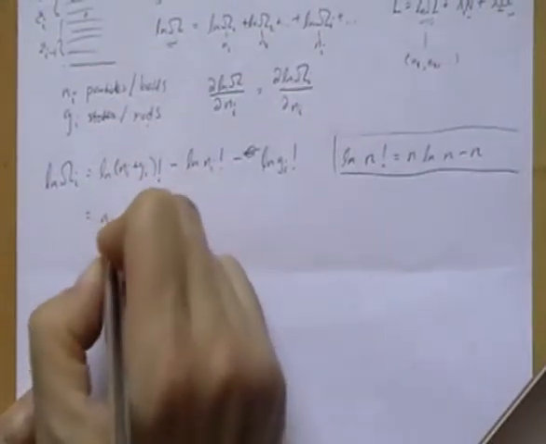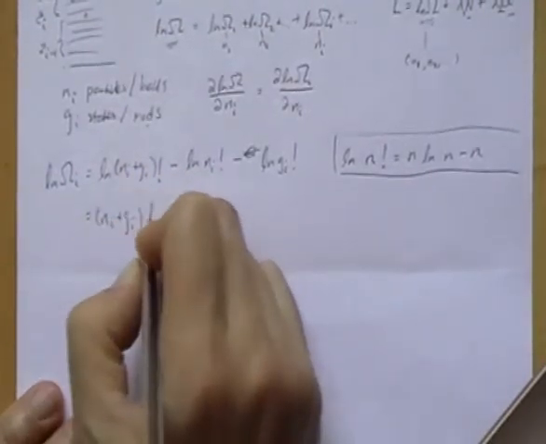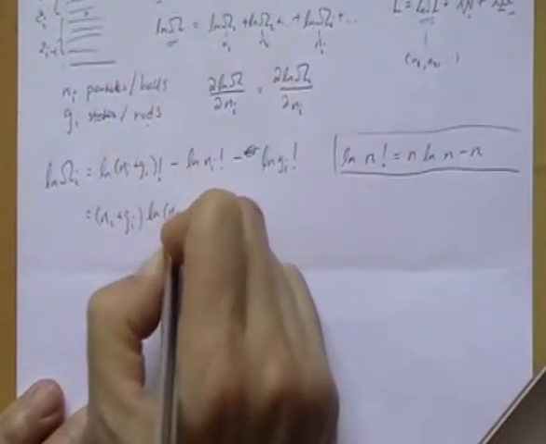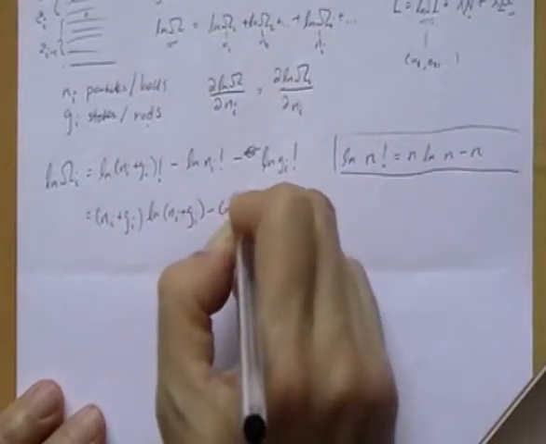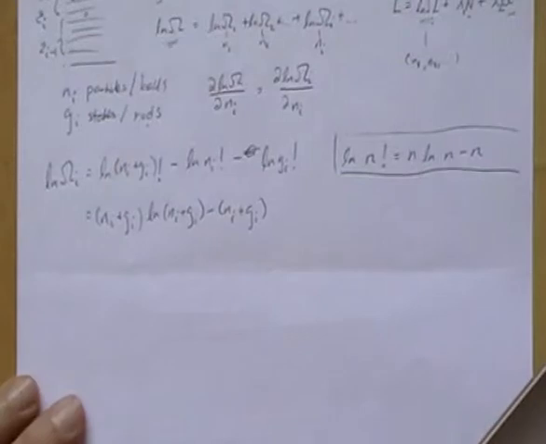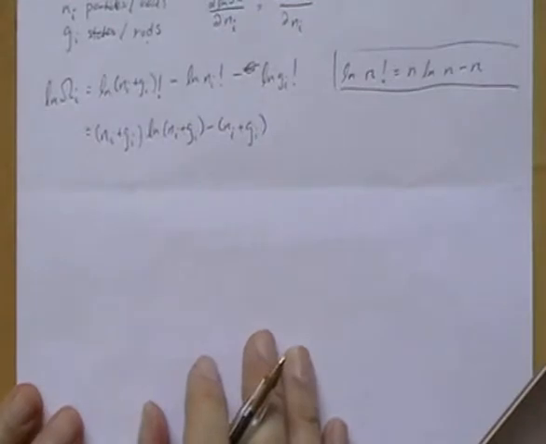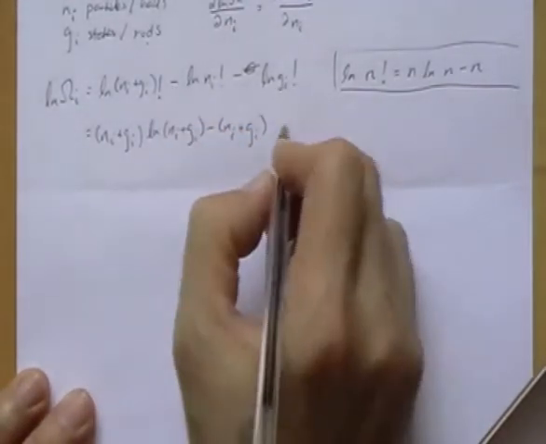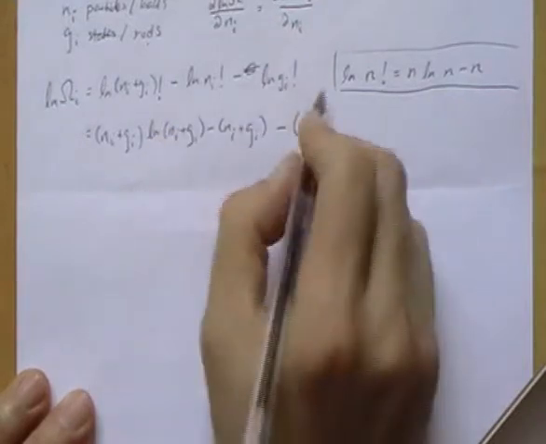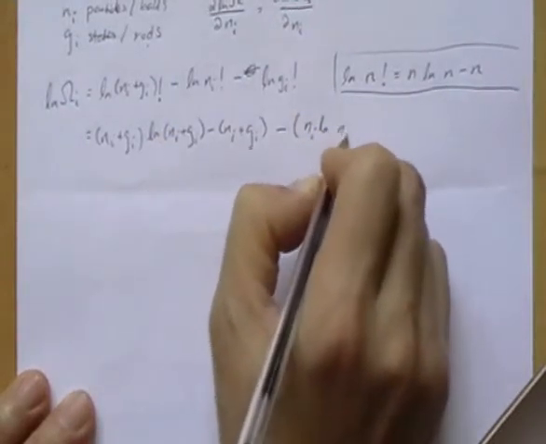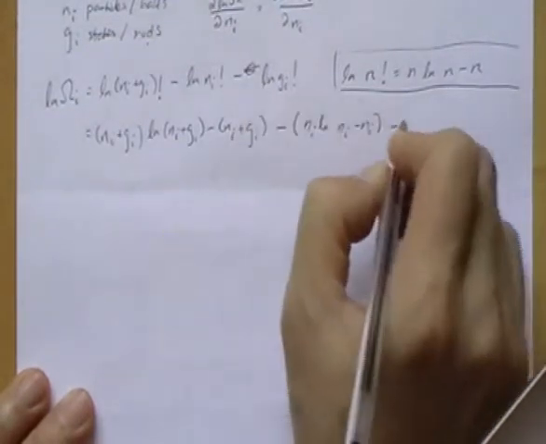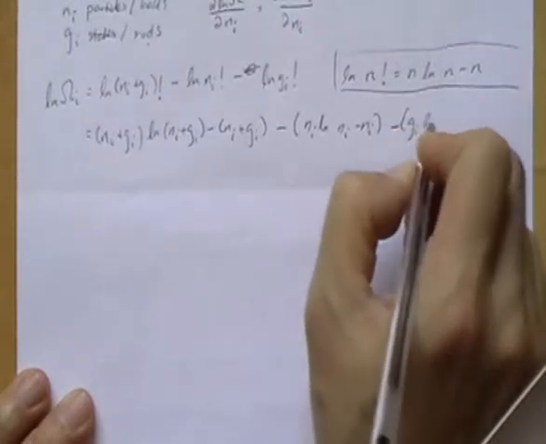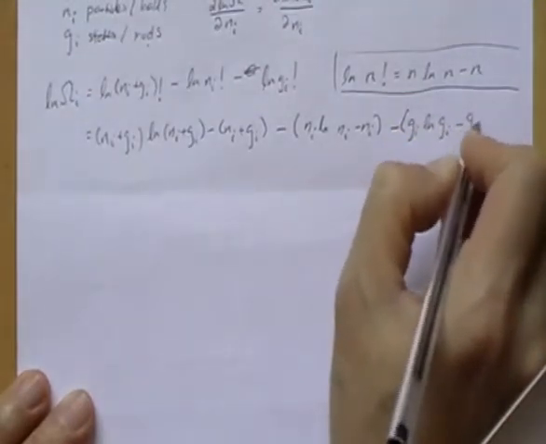This would look like (ni plus gi) log (ni plus gi) minus (ni plus gi). Okay, that's what it looks like. That one would be minus, with a bracket around it, ni log ni minus ni. That one, gi log gi minus gi.